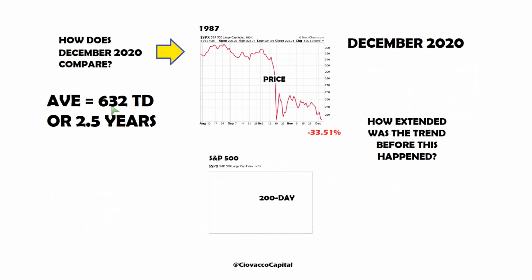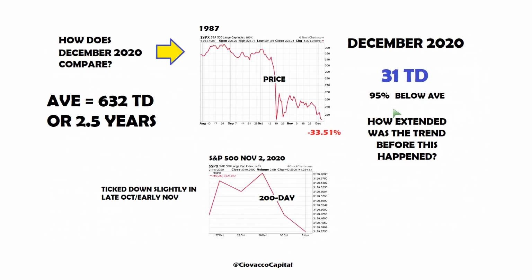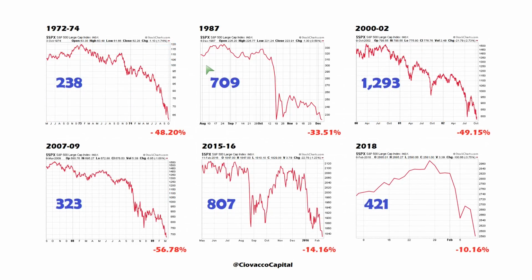The answer? Much, much better. The average in the 6 cases that we just showed, 632 trading days or 2.5 years. In the present day, it has only been 31 trading days. It's 95% below this average from these cases here.